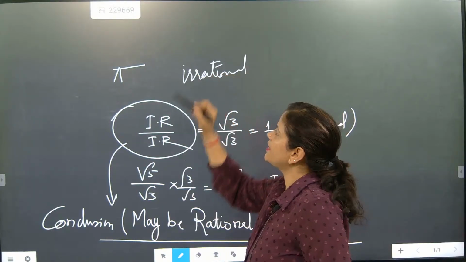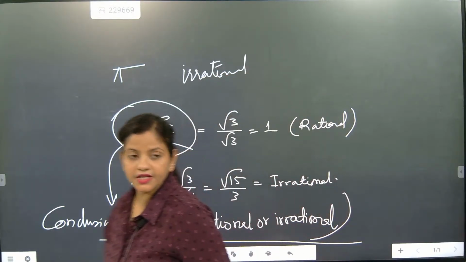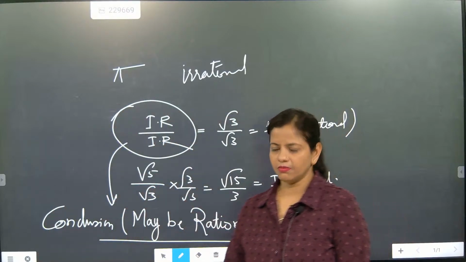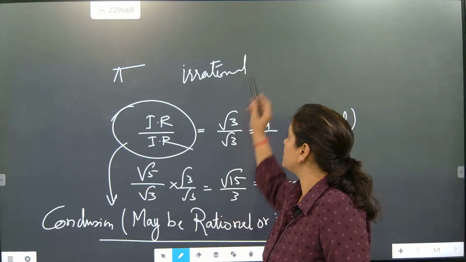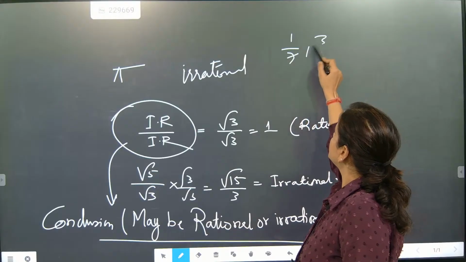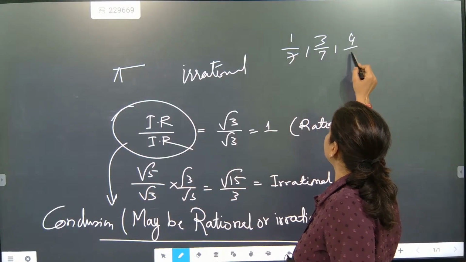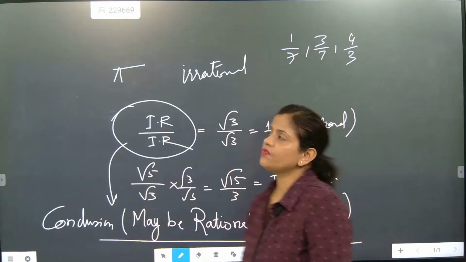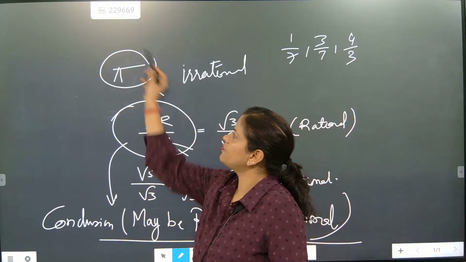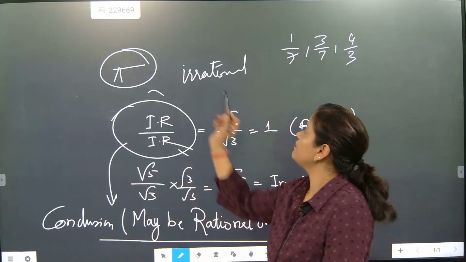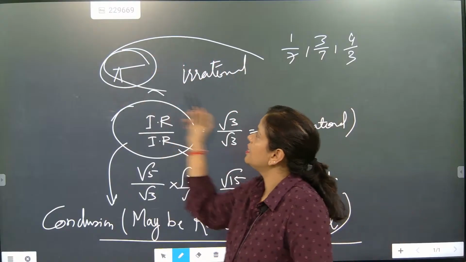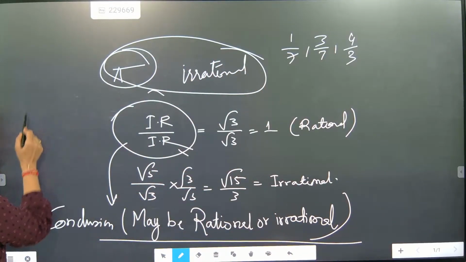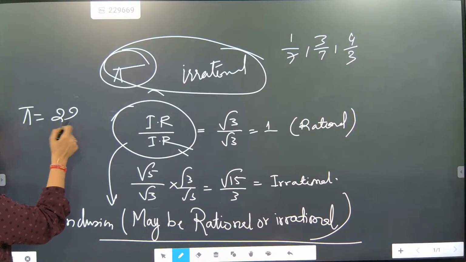See, 22 divided by 7 is not rational here, it is irrational. Whenever we are talking about any number like 1 by 7, 3 by 7, 4 by 3, they are rational. But when we talk about pi, it will always be considered irrational. Though pi is approximately 22 by 7, remember that pi's value is not exactly 22 by 7.